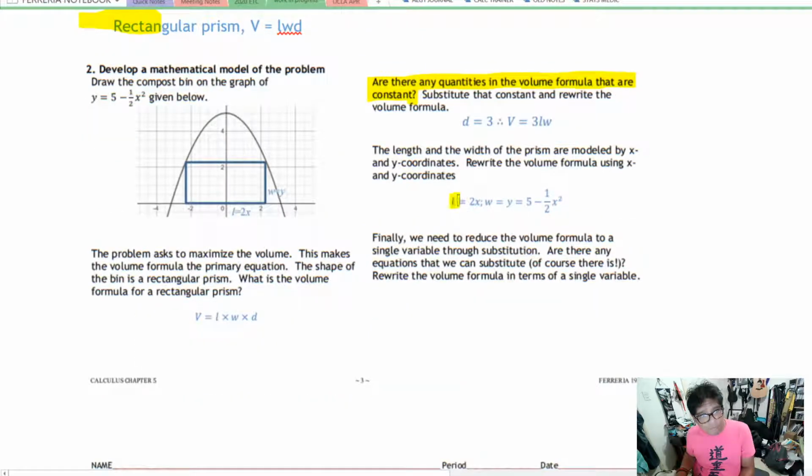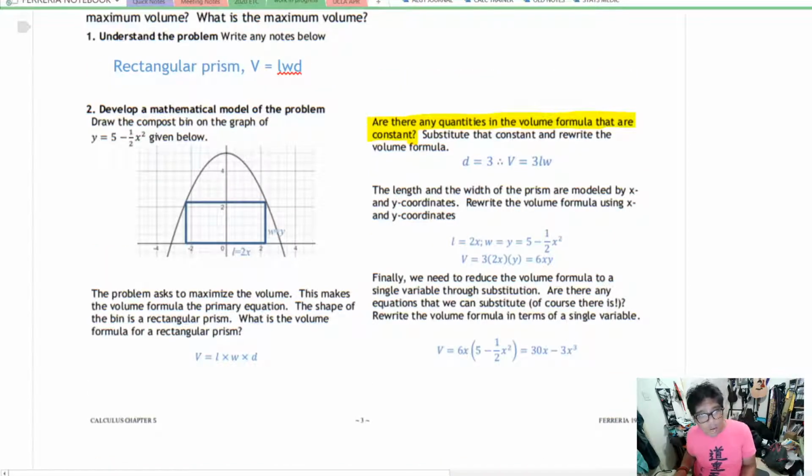If the length is 2x, the width is 5 minus 1/2 x squared. That means we can use the substitution for length, width, and depth to rewrite our entire equation using the single variable x. We know the volume is going to be 3 times 2x times y, which is 6xy.